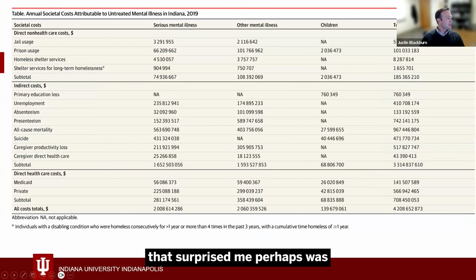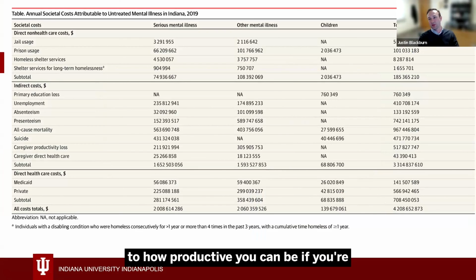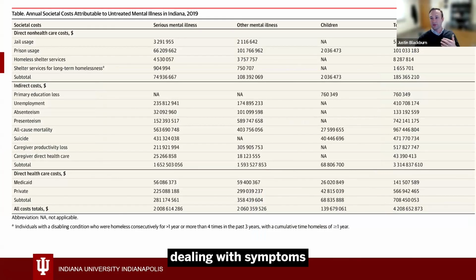So I think one of the things that surprised me perhaps was just how much of an economic value there was to employers in the state. And so presenteeism is, and again, these are from the literature, essentially how much of a penalty there is to how productive you can be if you're dealing with symptoms of an untreated mental illness.